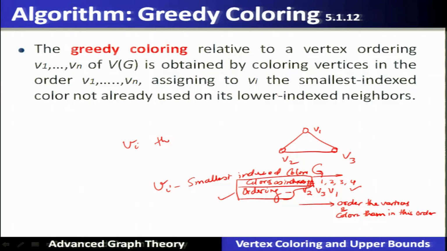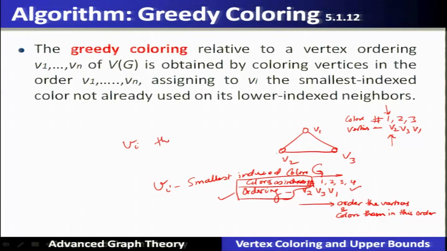Let us take this particular example. We have the colors 1, 2 and 3. They are indexed. Now, vertices relative to the given order, let us say these orders are V2, V3 and V1. So, first we have to color V2. We will color V2 by picking the least indexed color which is not used in its lower indexed neighbors. 1 is never used.